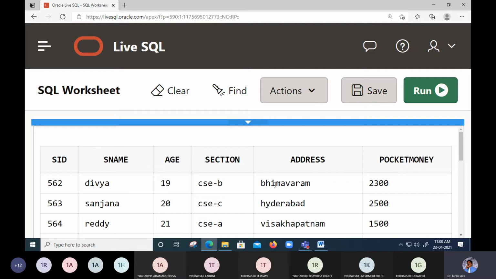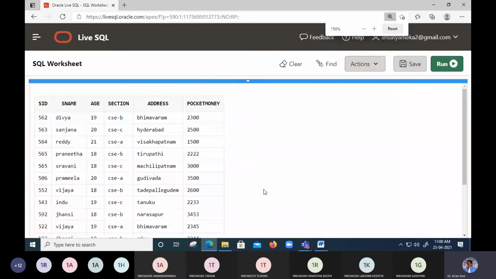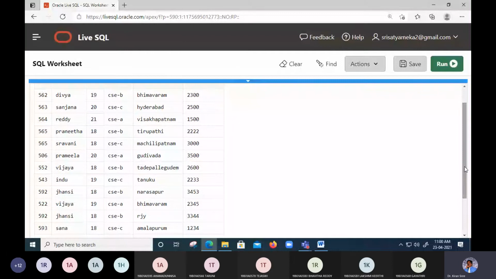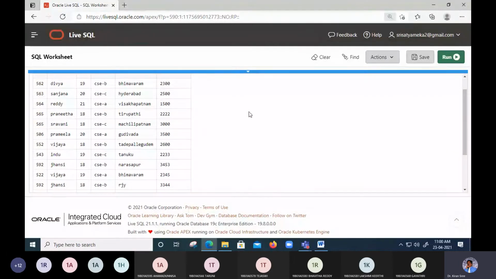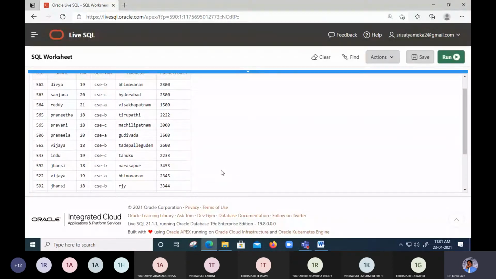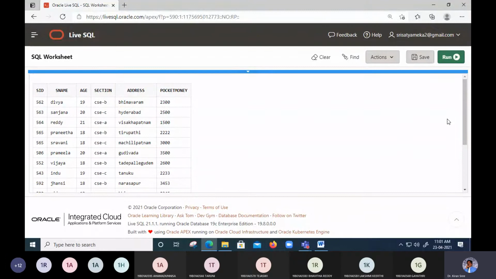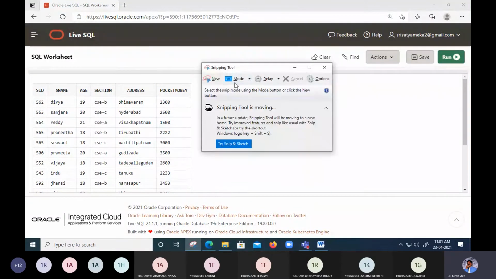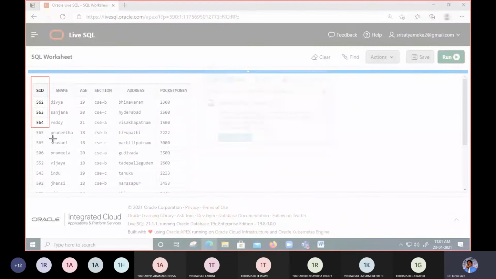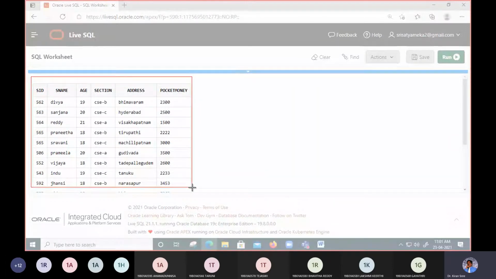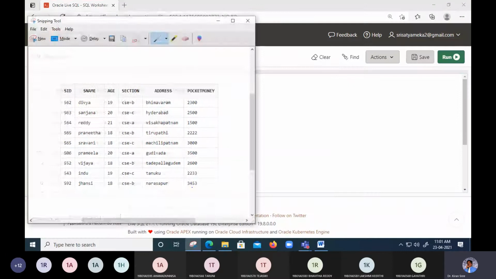So before that, we will have a snapshot of the 15 records, so that it will be clear whether those records came or not. Up to 592, the snapshot is coming.